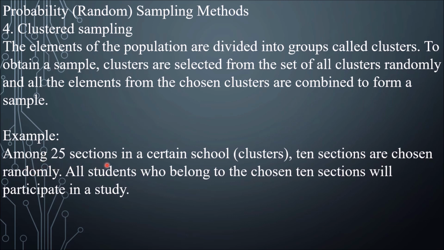Example, among 25 sections in a school, the sections are called clusters. 10 sections are chosen randomly. All students who belong to the chosen 10 sections will participate in a study. So not all sections are included in cluster sampling, unlike stratified sampling, where all sections are included.